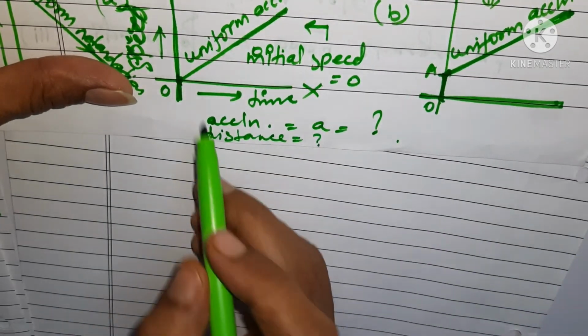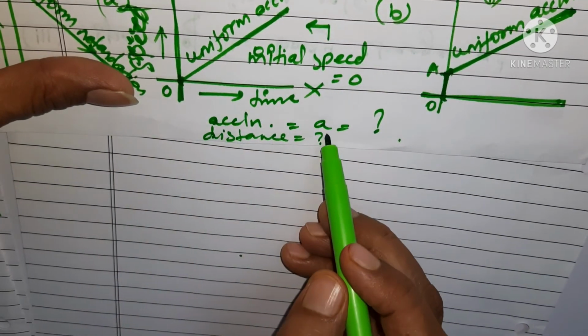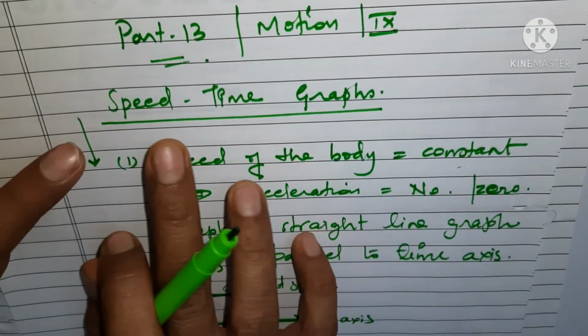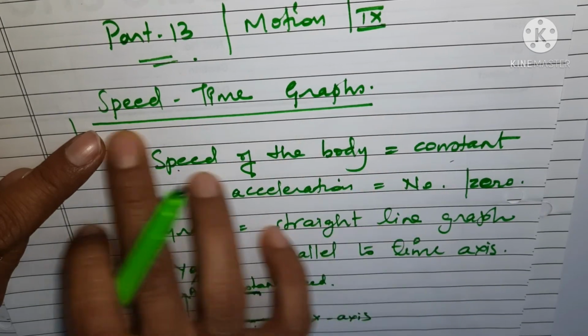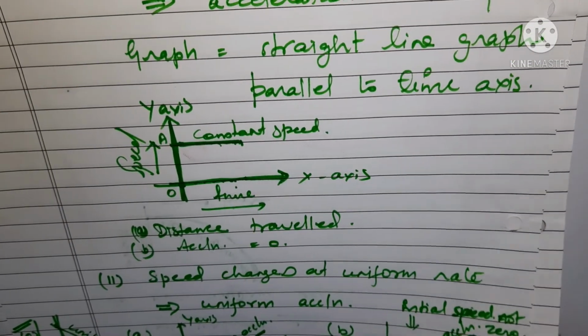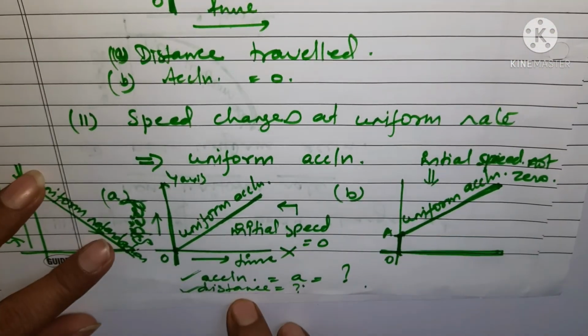So these graphs are going to give you the acceleration as well as distance. This is why it is very important to go through these speed-time graphs, because they are very helpful in calculating speed, acceleration and distance.